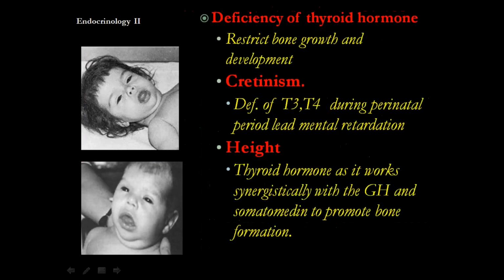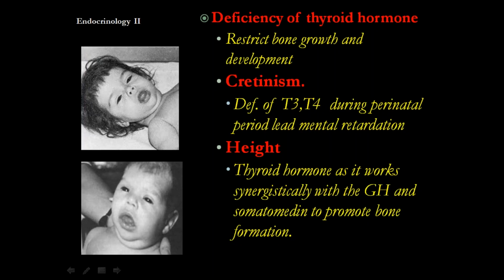Protein synthesis, and here we have some deficiency of the thyroid gland. We have restricted bone development. Cretinism is when the mother does not have enough iodine in the diet, so the baby cannot produce its own T3 and T4, because the T3 and T4 are going to be for the mother, and the own T3 and T4 need to be produced by the fetus.